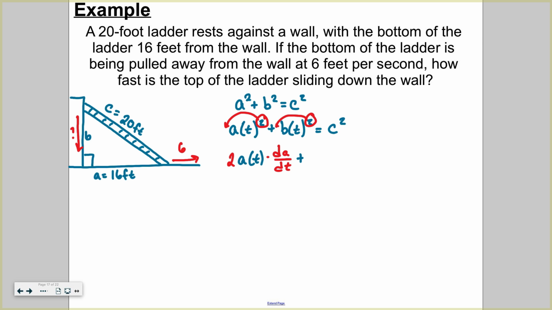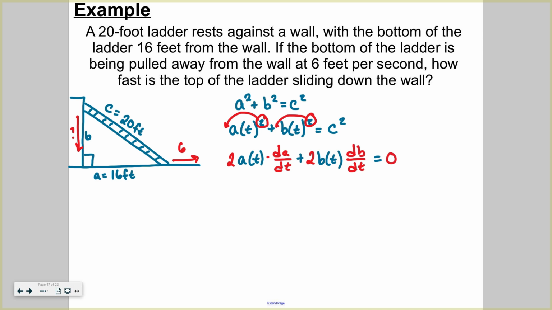So we're going to get 2 b of t times dB over dt, and that equals, well, c is not a function of time, so c is a constant, and c squared is also a constant, and the derivative of a constant is 0.